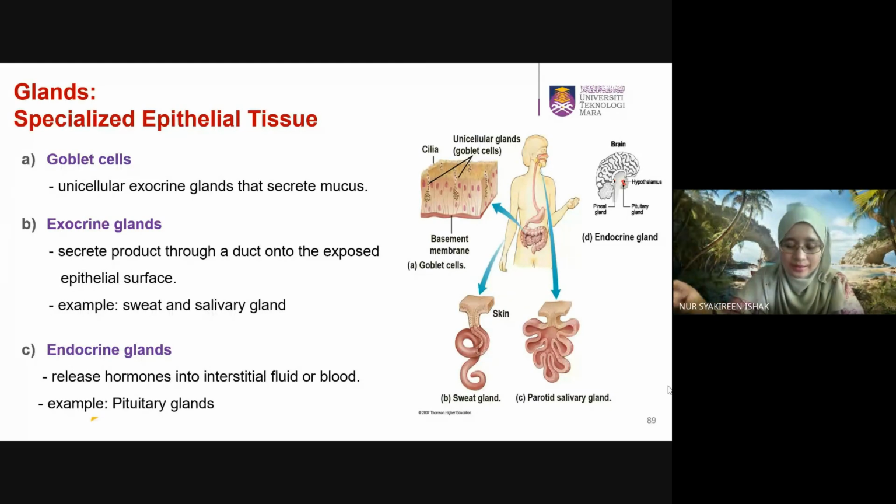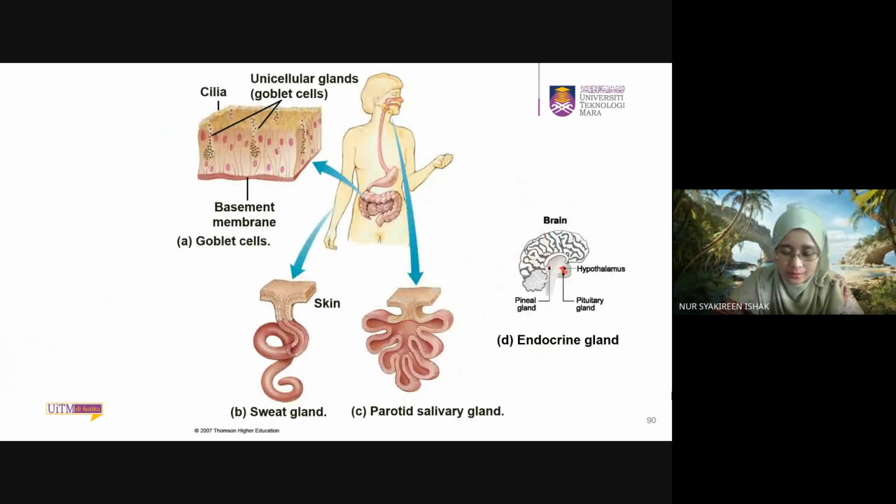We also have sweat glands and salivary glands. And then we also have endocrine glands, which secrete hormones. These hormones are secreted either into your interstitial fluid or into your blood circulation.